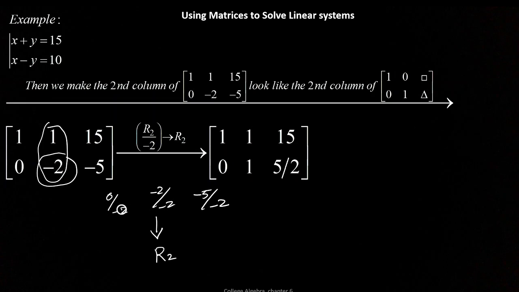So what would that be? That would be 0, that would be 1, and that would be 5 over 2. Okay, so we're done with that. So it's just one row. You can think of dividing by -2 to make it 1.